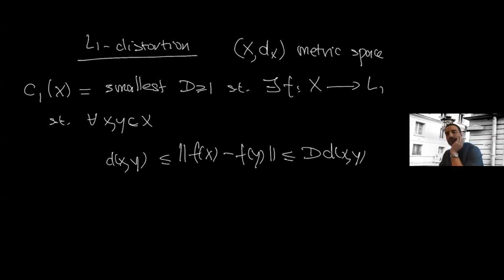Since my target space is a Banach space, I can always rescale so that the map is non-contracting. So the distortion is witnessed by this constant D: there is a bi-Lipschitz embedding whose distortion is at most D, and you look at the smallest D for which this is possible.